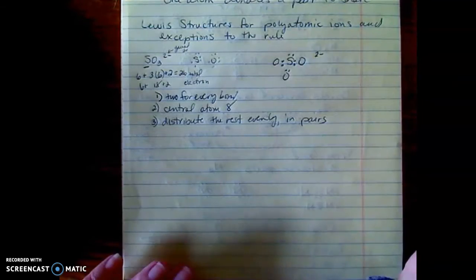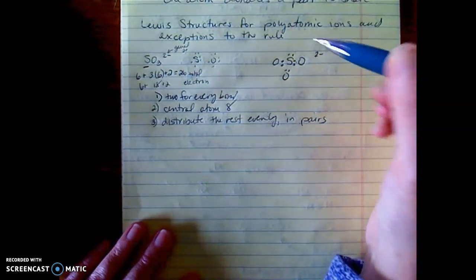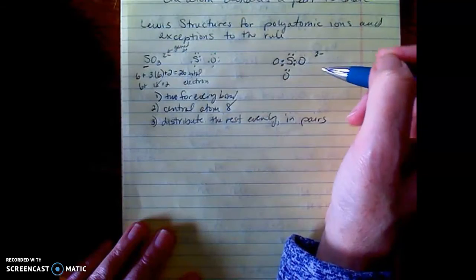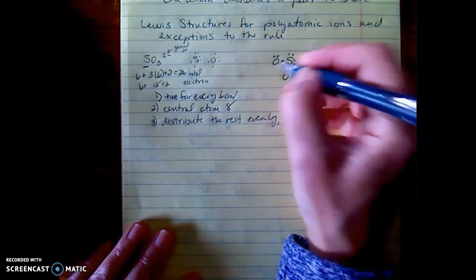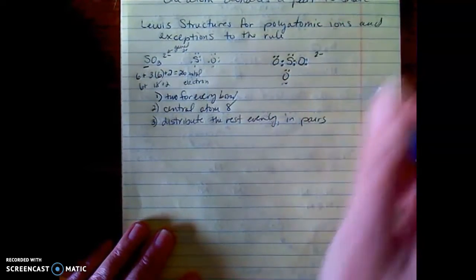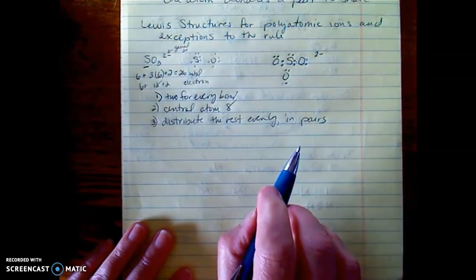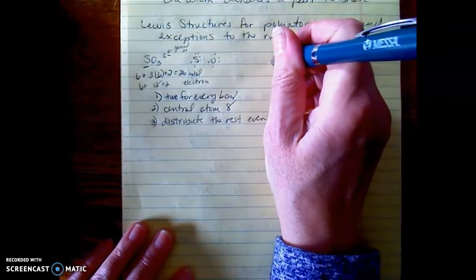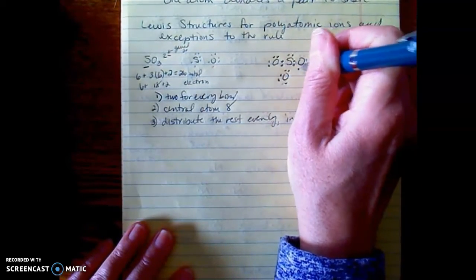So I have used up 2, 4, 6, 8. Obviously I have a few to go. So if that's 8, I go 9, 10, 11, 12, 13, 14. Again, I'm distributing them in pairs. I'm up to 14, so I'm going to keep going: 15, 16, 17, 18, 19, 20.